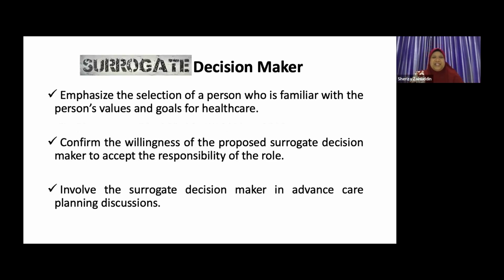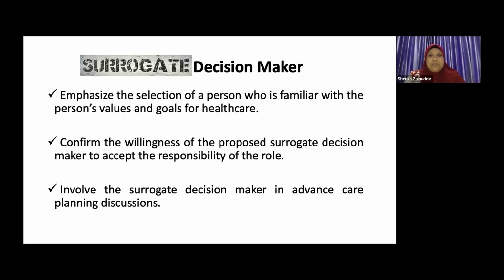So like I said just now, for the surrogate or decision proxy, we make sure this person is familiar with the patient's values and goals, and then we confirm the willingness of this person to take up this responsibility. We must always involve this person in the advanced care planning discussion, even when the patient is still able to make a decision, so they are always on the same page.